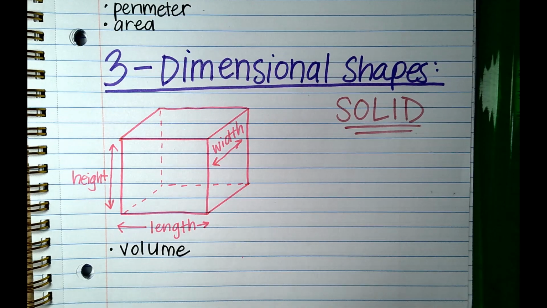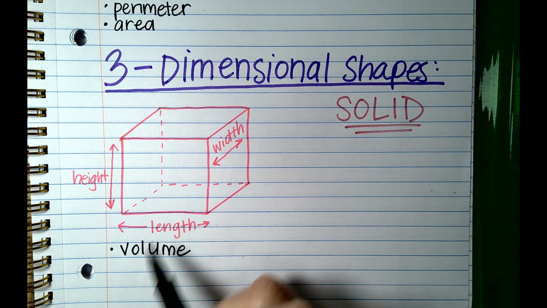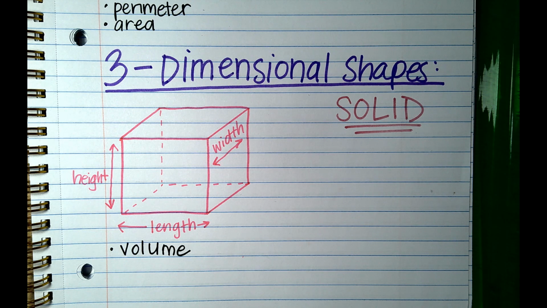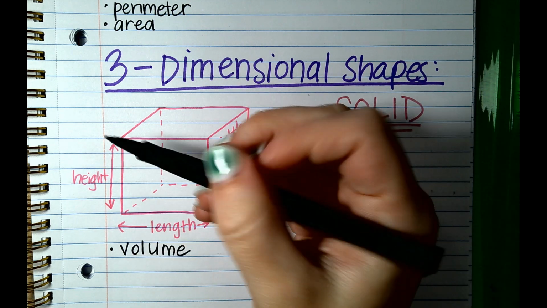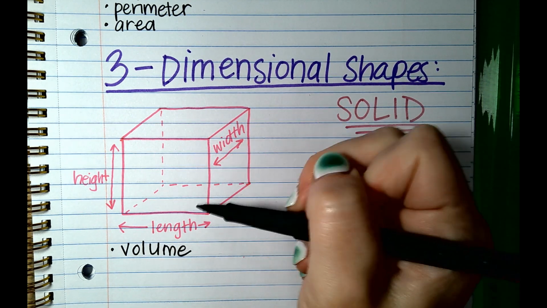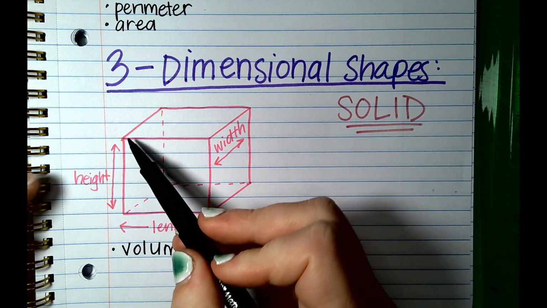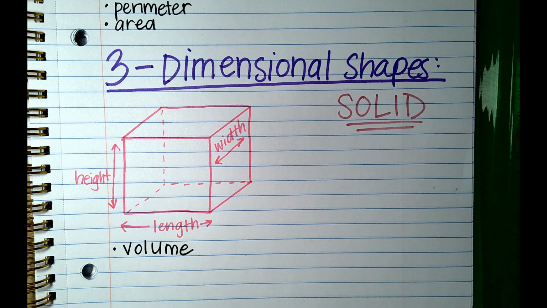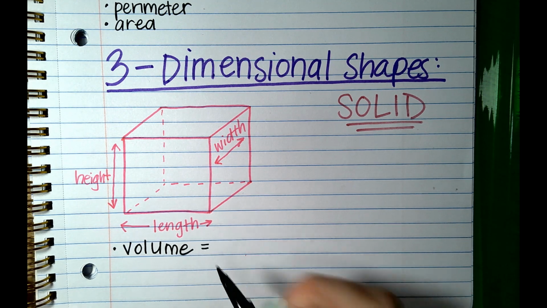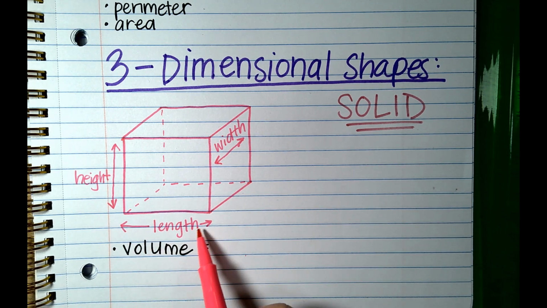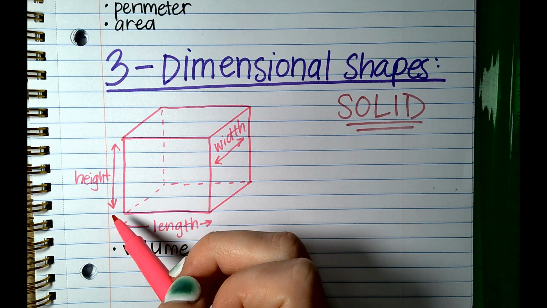And volume is going to tell us the solid area inside of a shape. It's not just how much space does this square take up. How much space does this whole 3D object take up? So to find volume, we do the length times the width times the height.